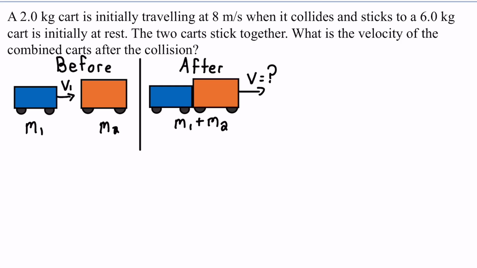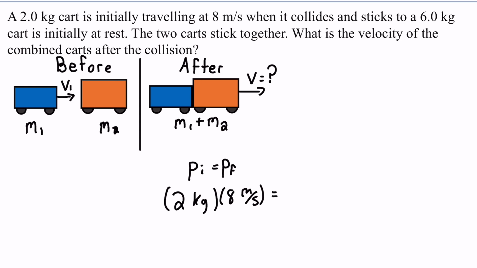All right, here I have momentum before equals momentum after. Now momentum before is just based on the first cart, so the momentum before they collide is going to be that cart, its mass times its velocity, so that's going to be 2 kilograms, and it's moving at 8 meters per second. And that'd be plus 0 for cart 2.